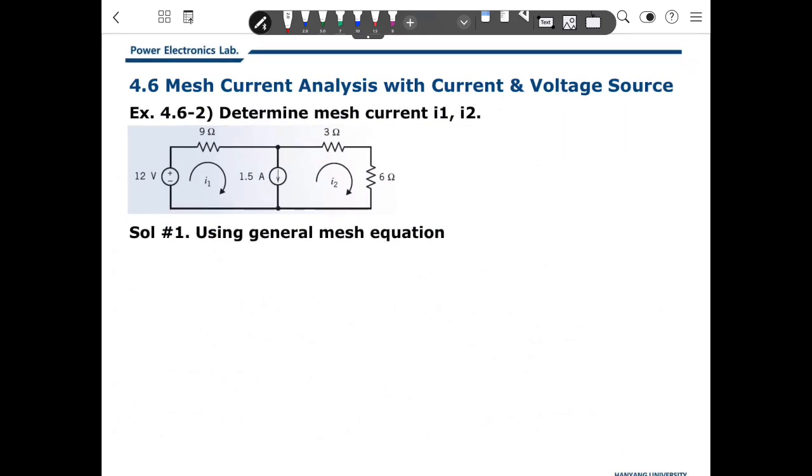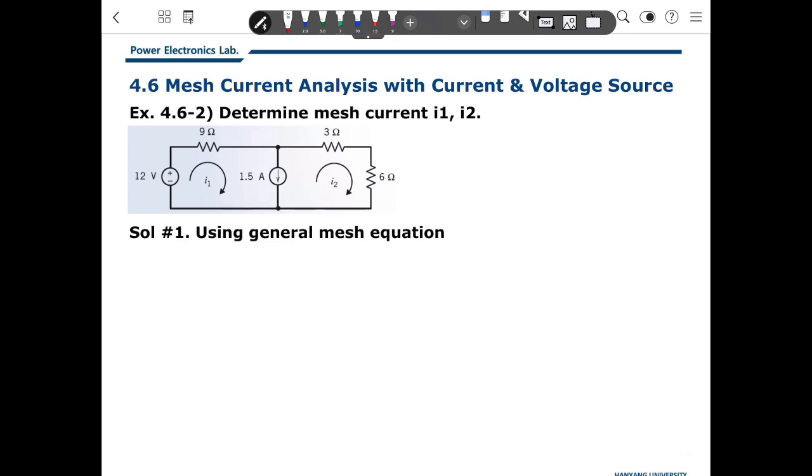So next is example 6.4.6. We should define the mesh currents I1 and I2 here. This is a simple way. So what should we do?